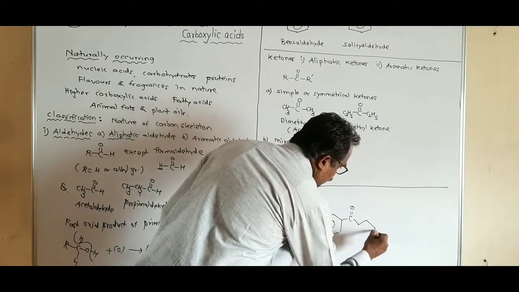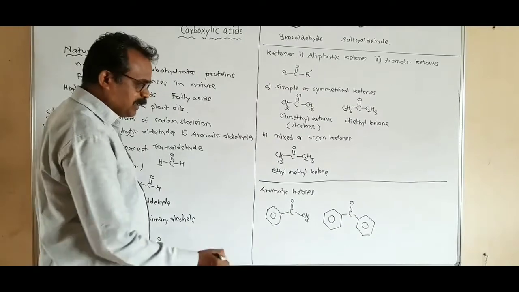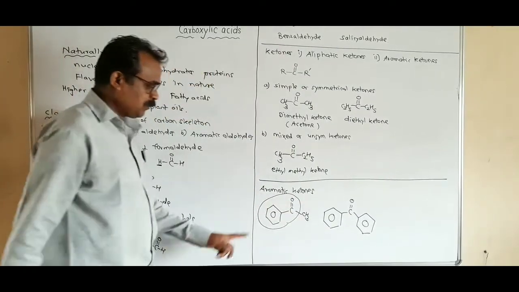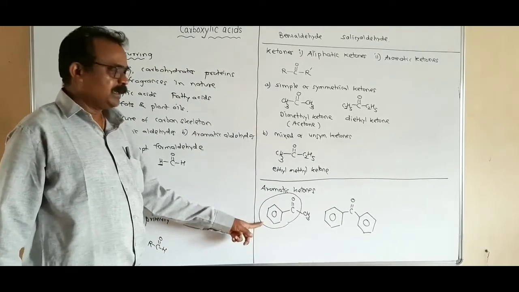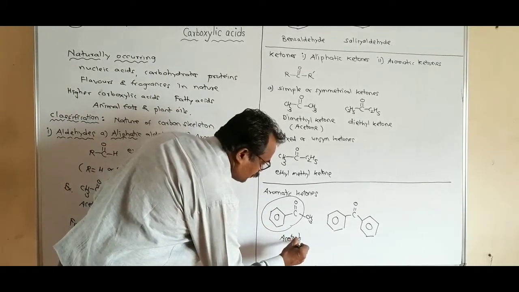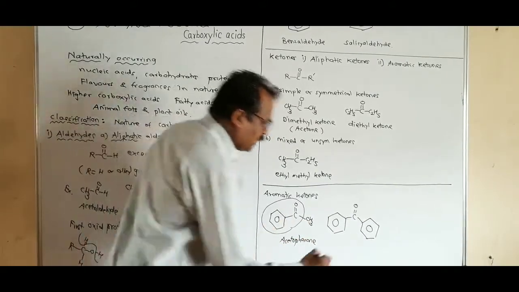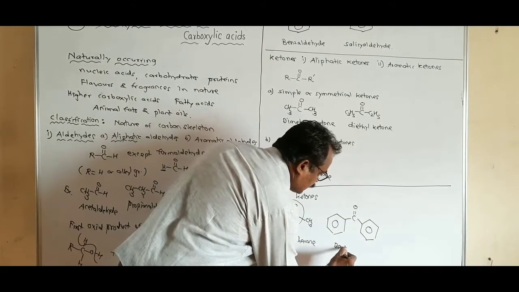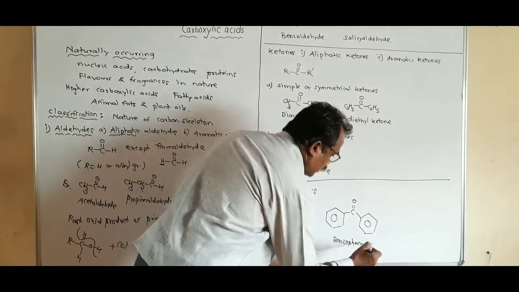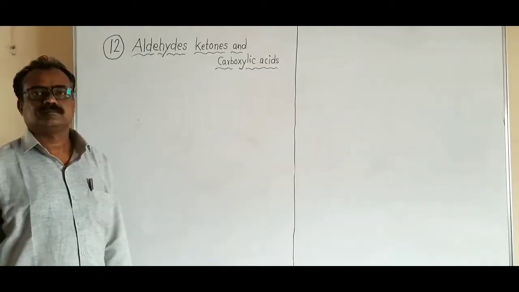We call them aromatic ketones. But compulsorily in aromatic ketone, the carbonyl group bears one aromatic ring. So this is known as acetophenone or methylphenyl ketone, and this is known as diphenyl ketone, benzophenone. So these are called aromatic ketones.